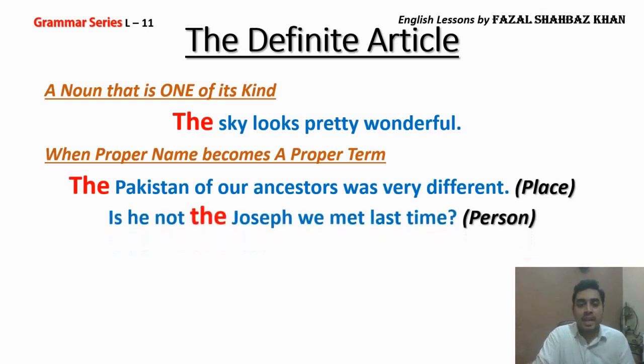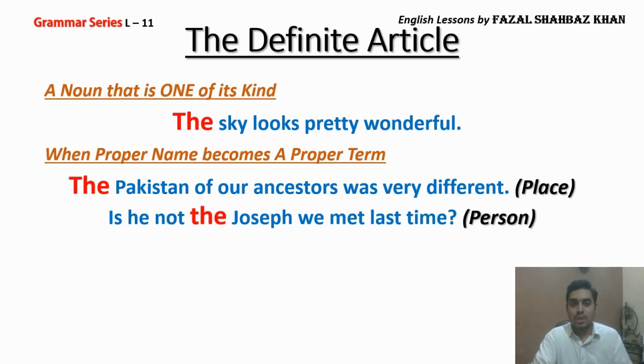Now that's for the place, and that's for the person. You can see another example. Is he not the Joseph we met last time? Now Joseph is a common name of a person, but right before a person's name we never attach any article. But we are actually specifying him right now in this very sentence, in a way that we have seen him first, we met him first somewhere, maybe a month ago, maybe a year ago.